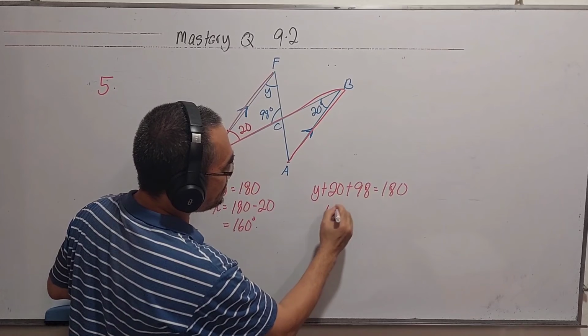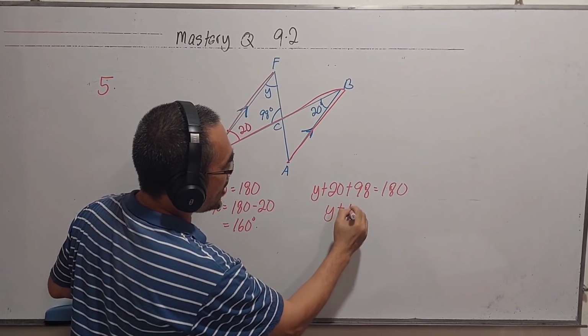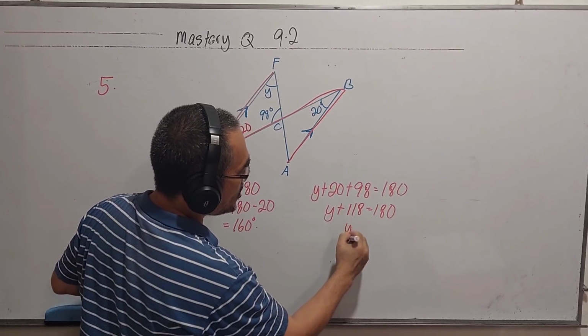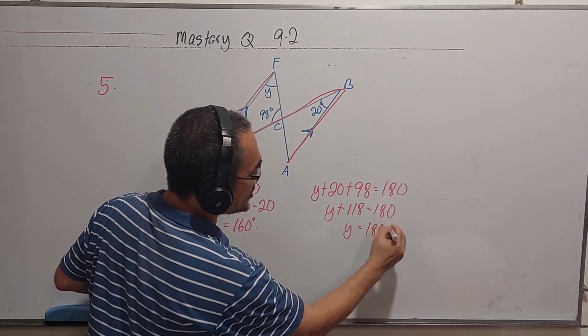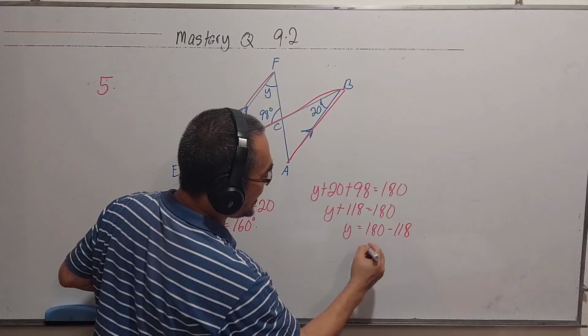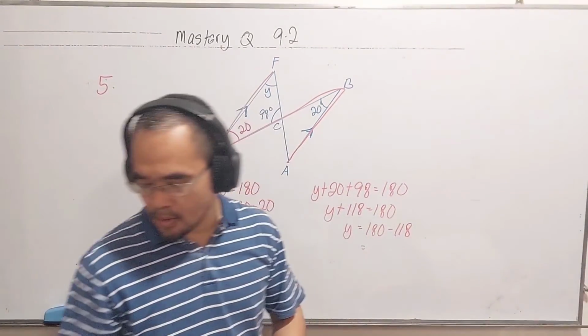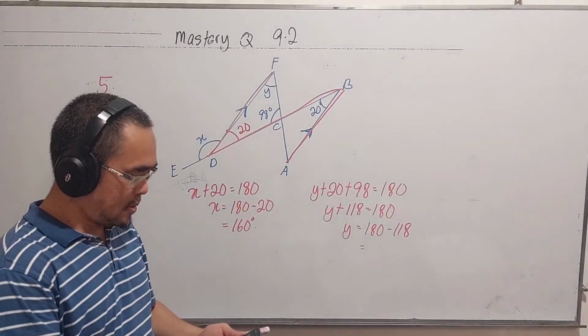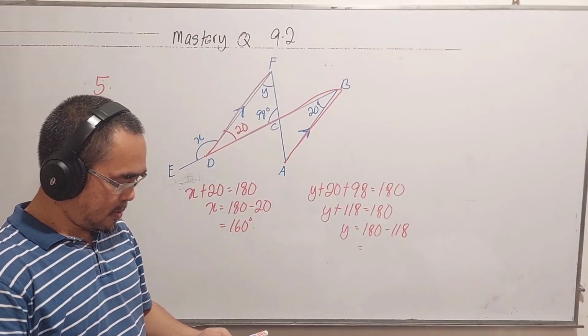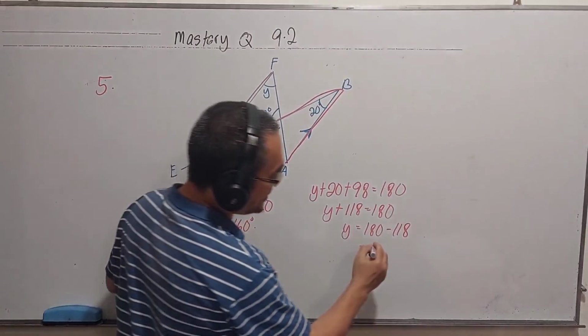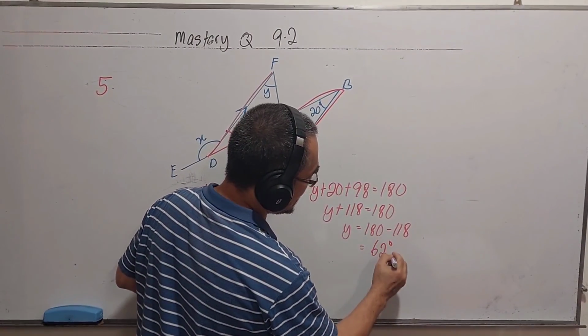So y plus 118 equals 180. So y is 180 minus 118. So the value of y will be 62 degrees.